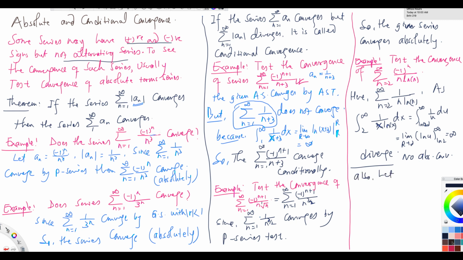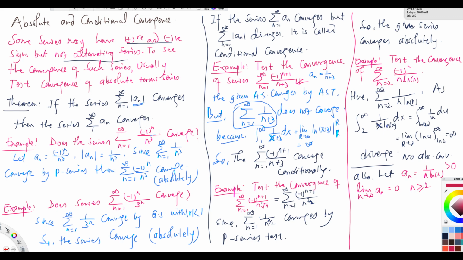Let me use a different color. a_n equals 1 over n natural log of n. This is positive for n greater than or equal to 2. Also, the limit as n tends to infinity of a_n is 0 for n greater than or equal to 2, right? That's what we got.